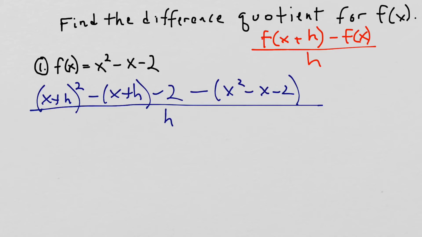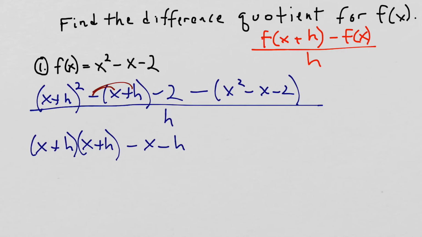All right, so right here I've got double distributing. Now that's a common mistake, so heads up on that. x plus h times x plus h. We've got to double distribute. All right, and then this here is a distribution, so that's minus x minus h, and then I've got minus 2.